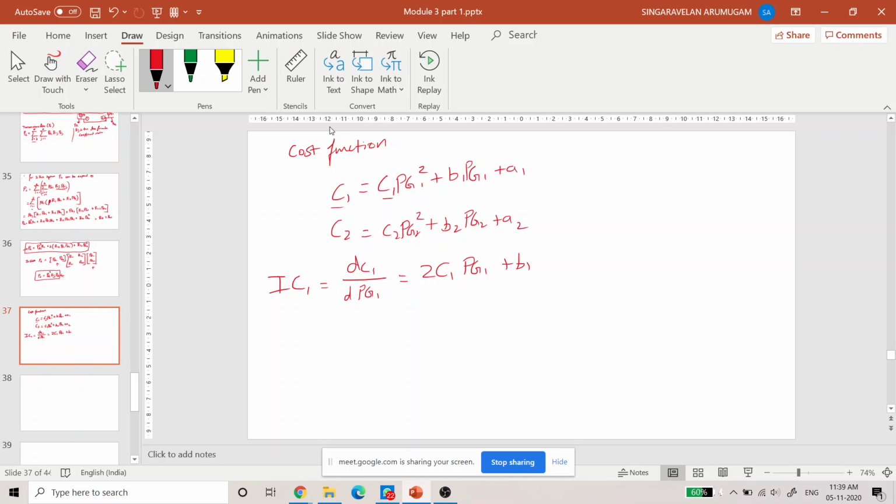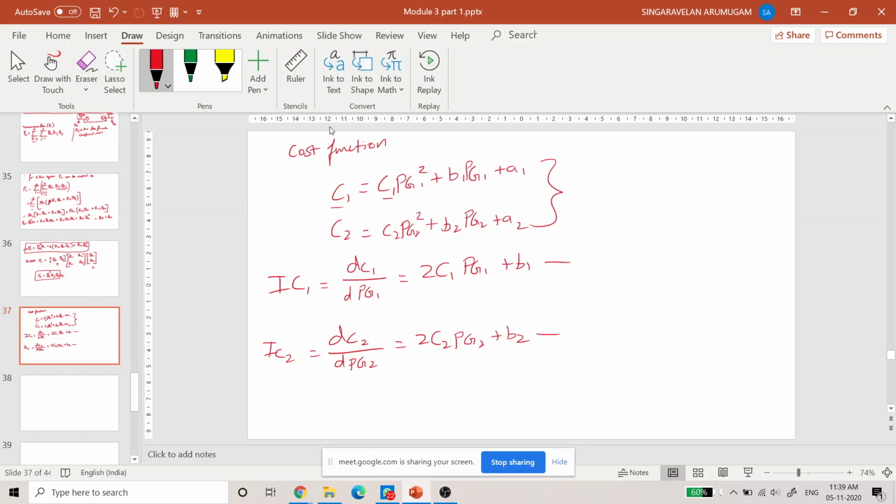And then IC2 is differentiating the cost equation 2 with respect to the power generated of the second generator, so 2C2 PG2 plus B2. So these are all the incremental costs and this is the cost function. So we come up with all the basics whichever we need for this.